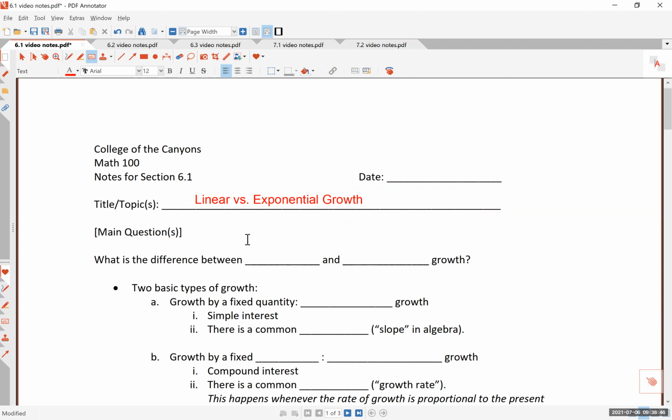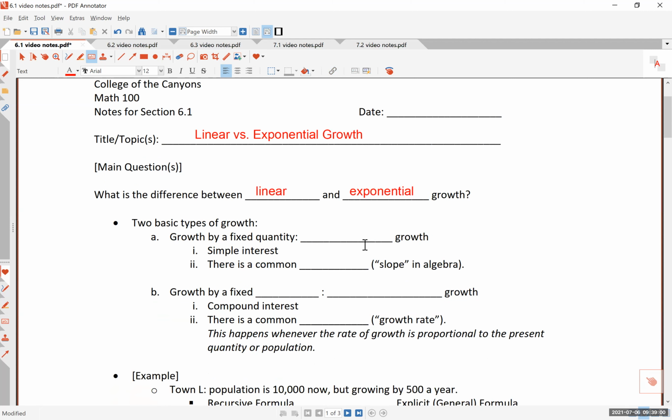What's the difference between linear, not surprisingly, and exponential growth? Okay. And so you will see that there's a world of difference, and that is a key idea of this section. So there are two basic types of growth, and obviously you know what they are. One is linear, and the other is exponential.